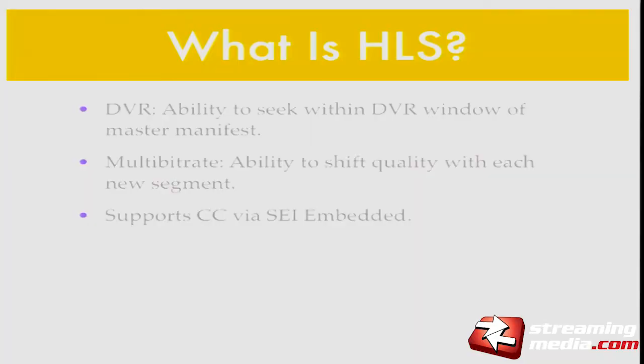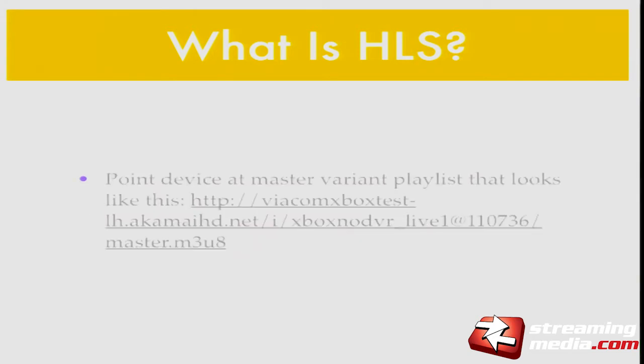It also has the ability to have a DVR window within the manifest. It's multi-bitrate also. And it supports closed captions via SEI embedded, which is just a slightly different flavor of caption metadata. It also points to a master variant playlist. So if you were to Charles a player or something, you would see that that's what the player is actually pointing to.